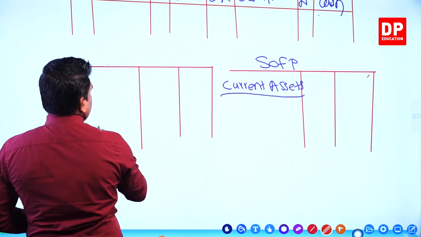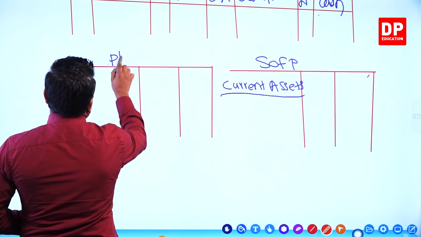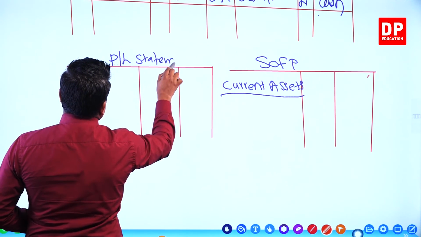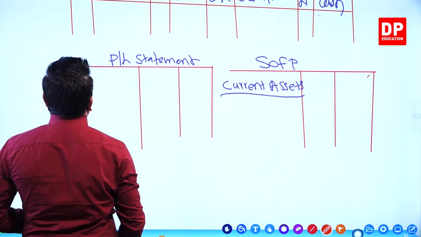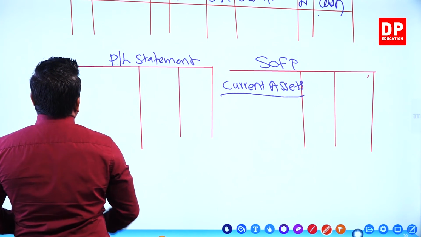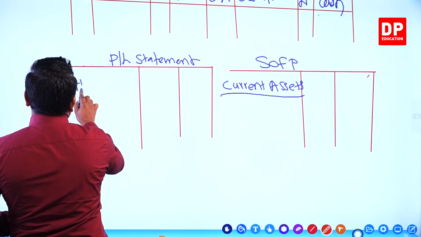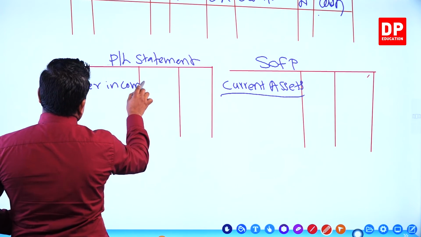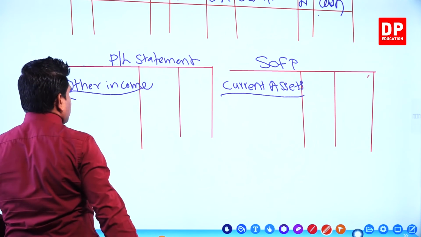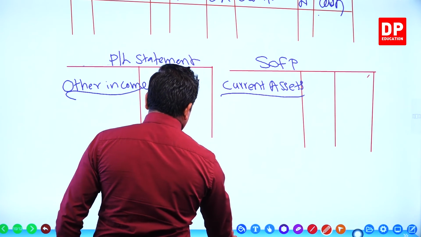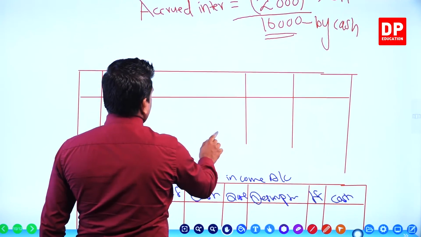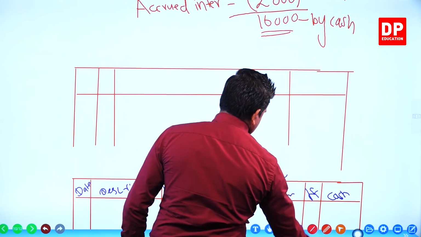Here, profit and loss statement, under the other income. Other income, right?